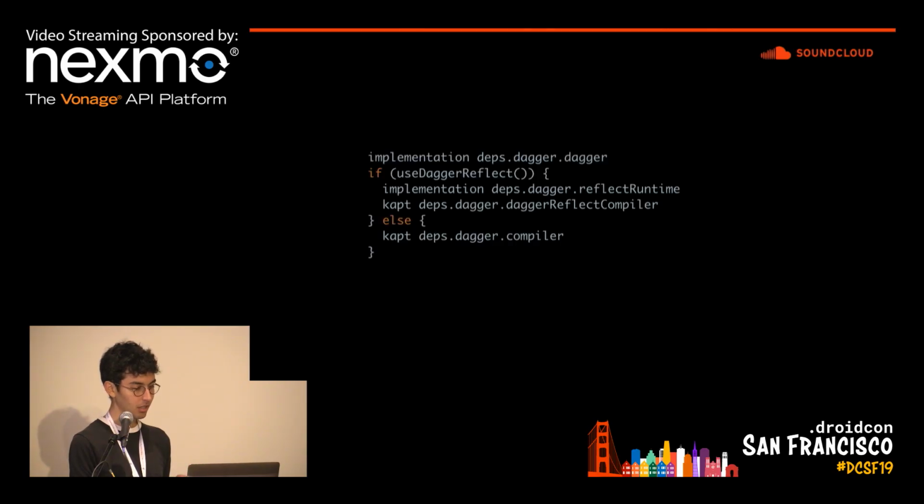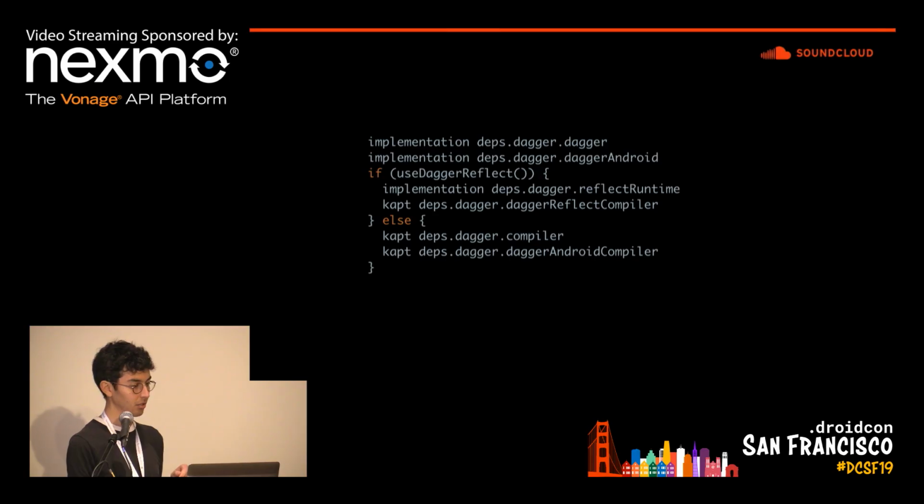So let's say you're using the Dagger Android runtime. So now your little block of code looks like this. The extra line for the Dagger Android, because you don't need the Dagger Android compiler if you're using Dagger Reflect. Dagger Reflect also includes the Dagger Android stuff.